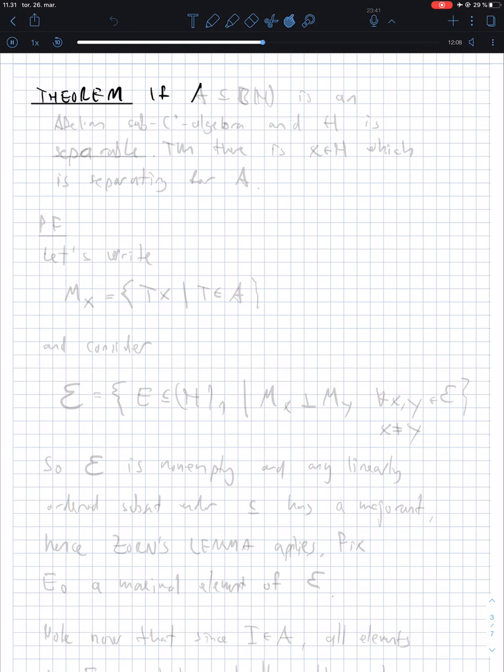So if A lies in B of H is an abelian sub C-star algebra, and H is separable.